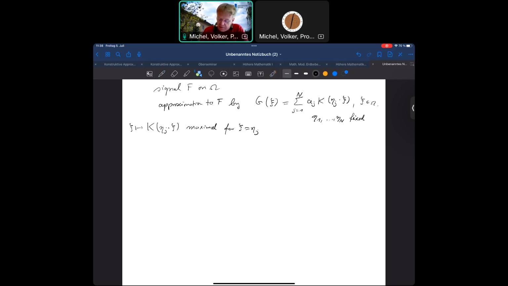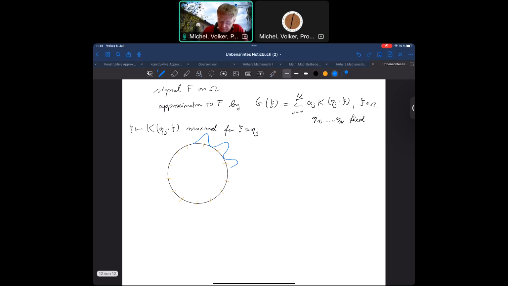So we have now a sphere, and we choose some points eta j here, and for each of these points, we add here some hat functions, etc.